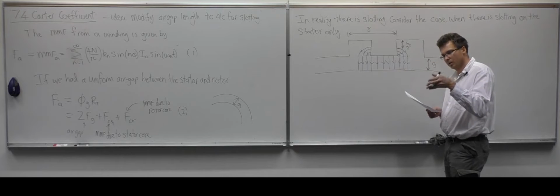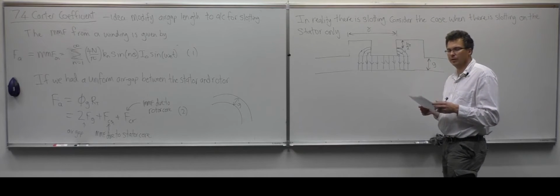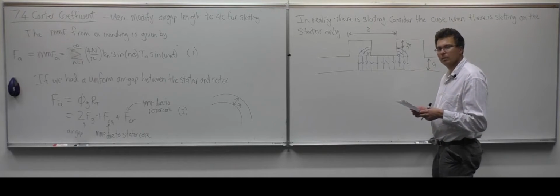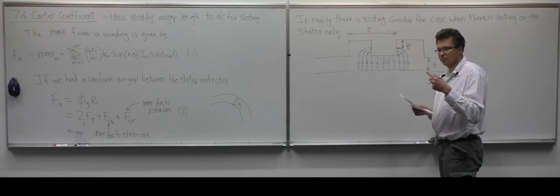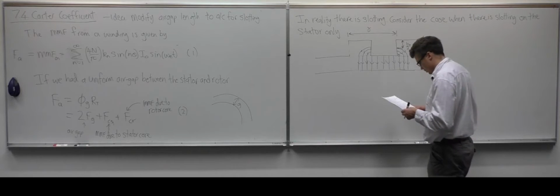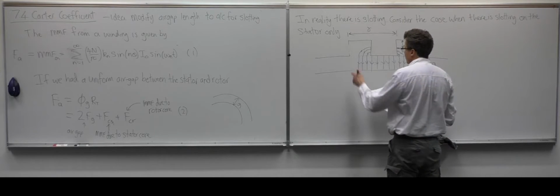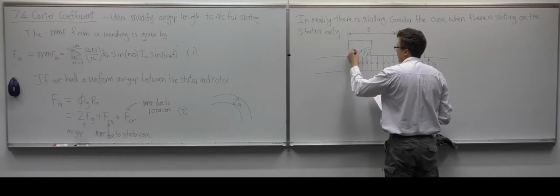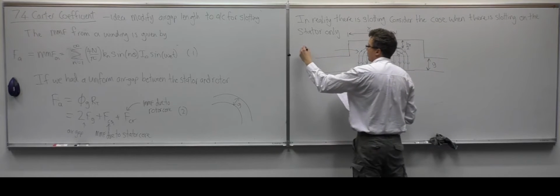Like in electric circuits, if you have things in parallel, it's easy to look at them as being 1 over. So 1 over reluctance is the permeance, so we can then add the terms. So this here is an approximate path.